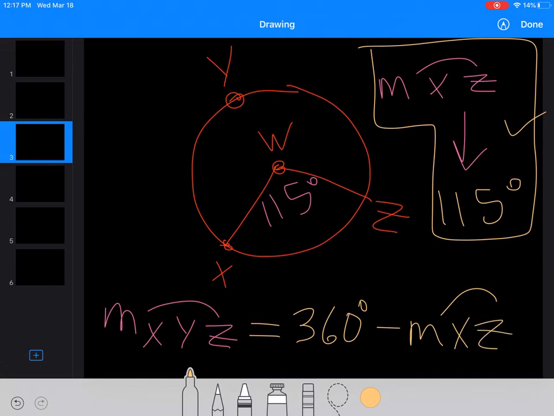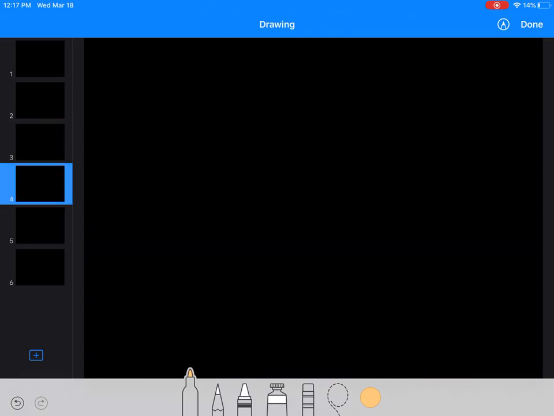So we can just substitute that in. 360 minus 115. And let's go to another slide. That measure for that arc ends up being 245 degrees.